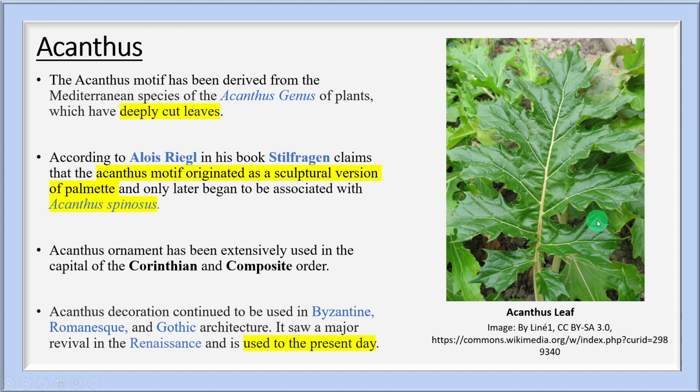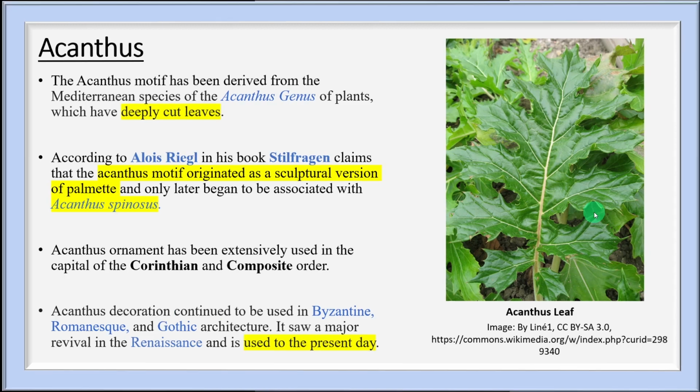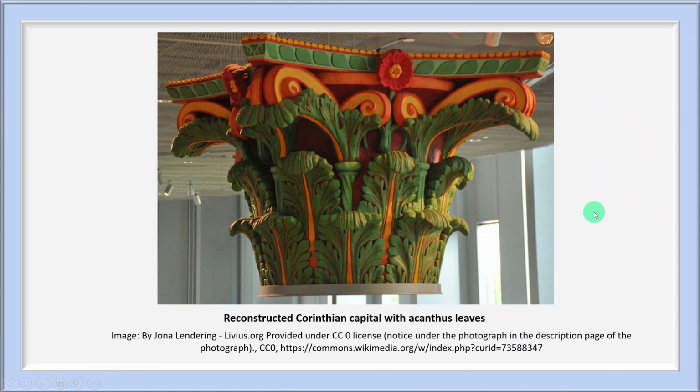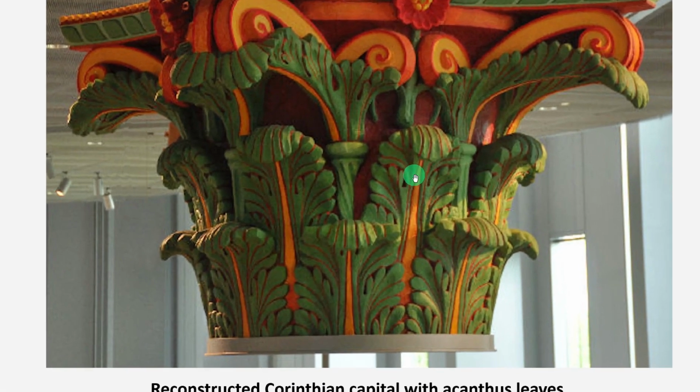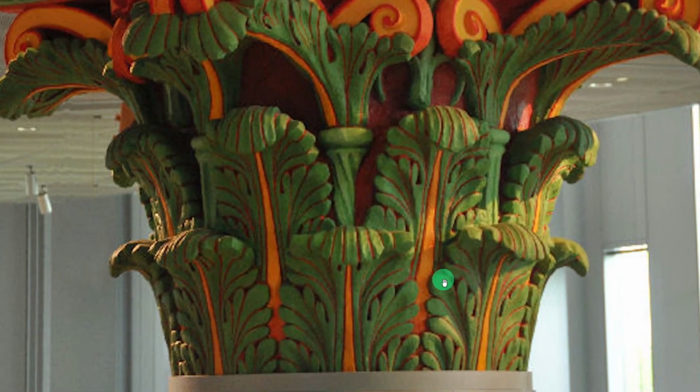So this is the Acanthus leaf, and then I'm showing you the Acanthus ornament, which is very similar to the Acanthus leaf. This is a reconstructed Corinthian capital with Acanthus leaves. So you can see the deep cuts over here.